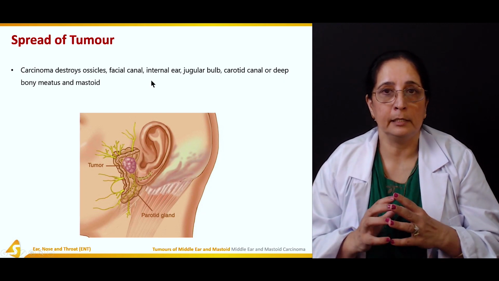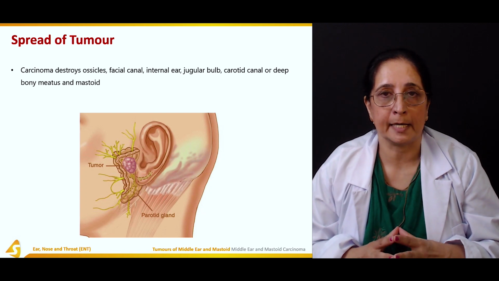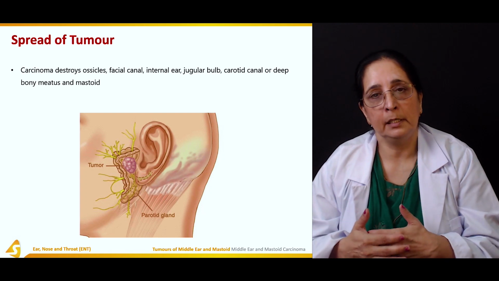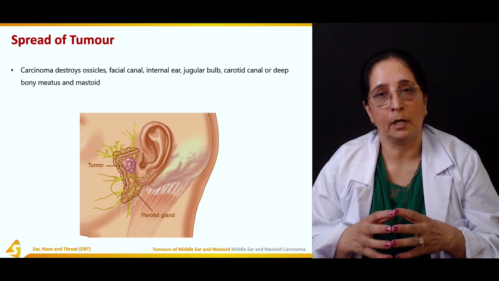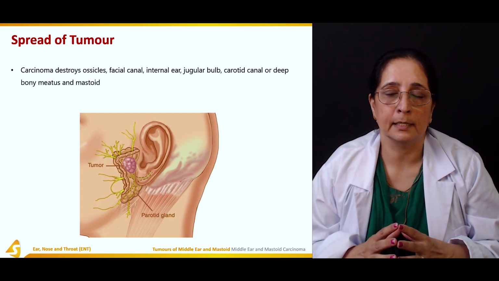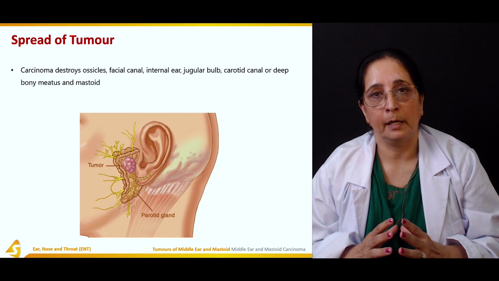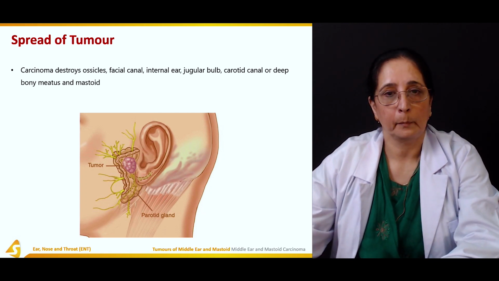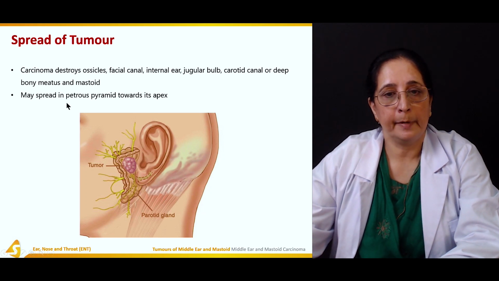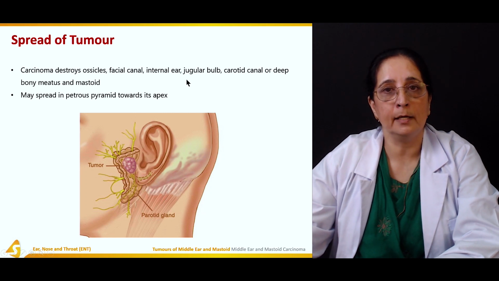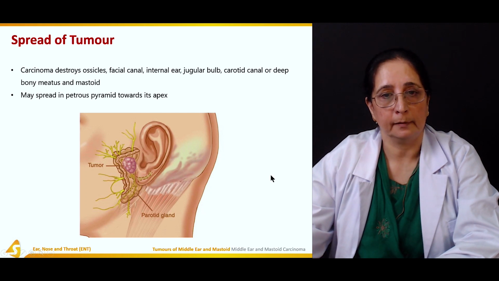So all these are the structures that can be affected by the spread of the tumor, and depending on the areas which are affected by the spread, we can have different symptoms and signs. It may spread in the petrous pyramid towards its apex. So these are the areas that are affected by the spread of the tumor.